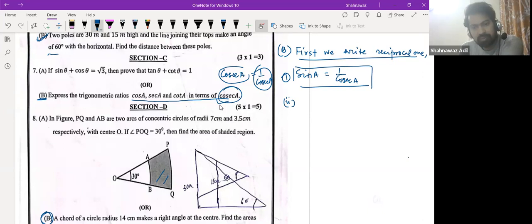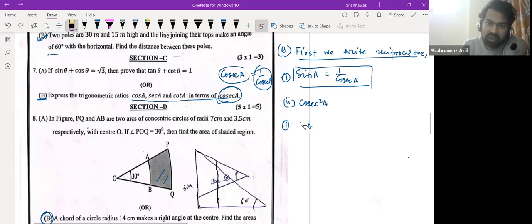There are only three identities, right? One is this one, cot square plus 1 equals cosec square. Cosec square A minus cot square A, that is 1.